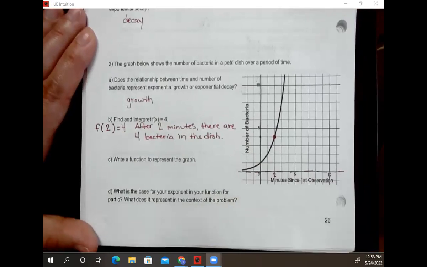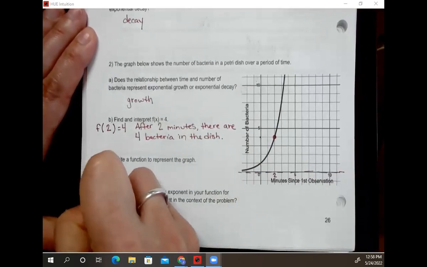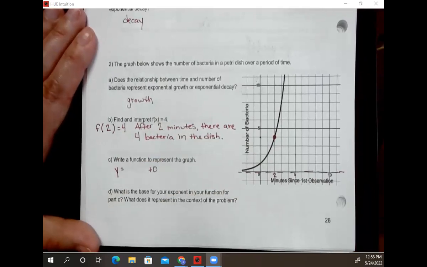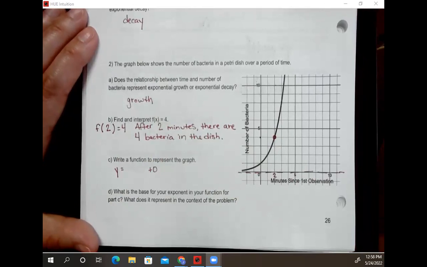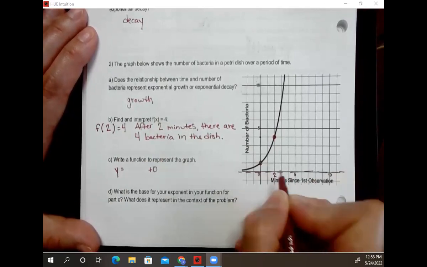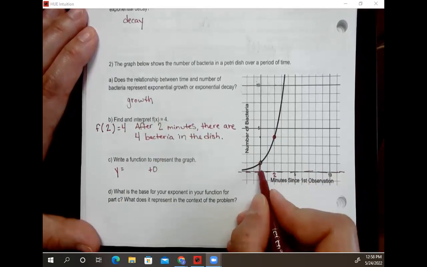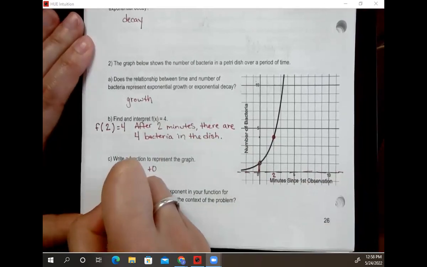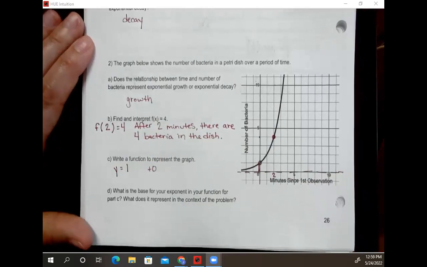So I'm going to say that my asymptote is 0. So as I write my function, I can put that plus 0 at the end. Since it's 0, I actually don't need to write that, but it's not wrong if I do. And then I'm going to look at my point on the y-axis, which would be my y-intercept. So this point right here, its distance from the asymptote is 1. So that means my lead coefficient, my initial value is 1.